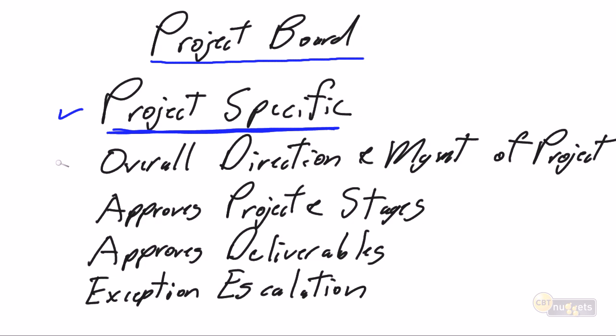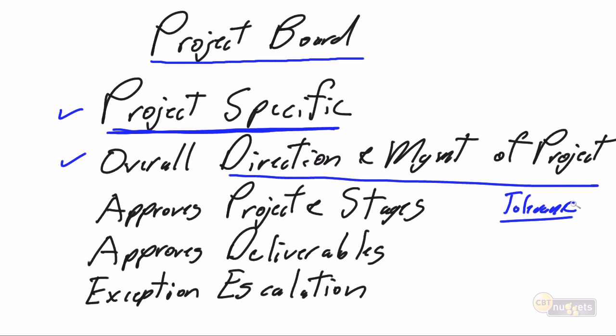And what does a project board do? Again, they provide the overall direction and management of the project, again, within their levels of tolerance. So they can approve and make decisions as long as the project variances do not exceed some predefined threshold, and they manage the project within that.